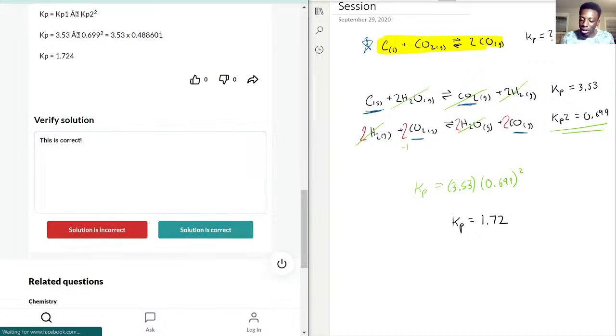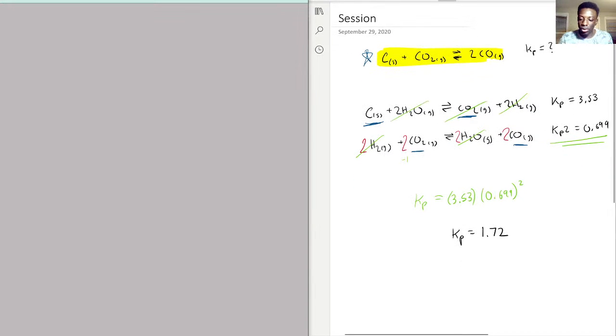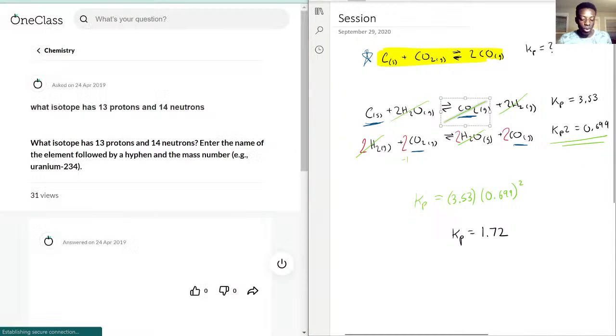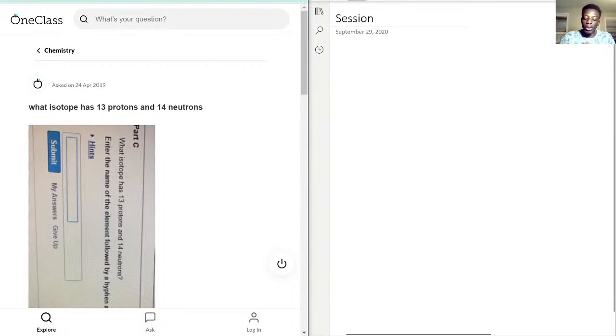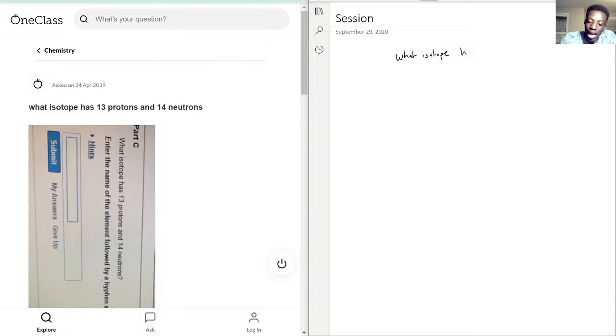And let's go over to the next question. Now this question here, luckily, it's almost a blessing in disguise to receive, because as long as they give you a periodic table, you can always rely on it. Periodic table is your best friend. But this question is asking what isotope has 13 protons and 14 neutrons.